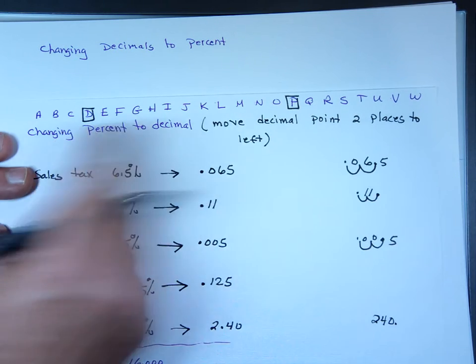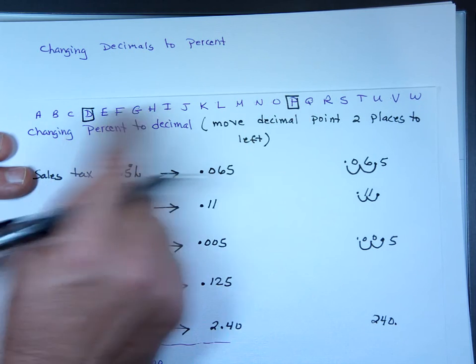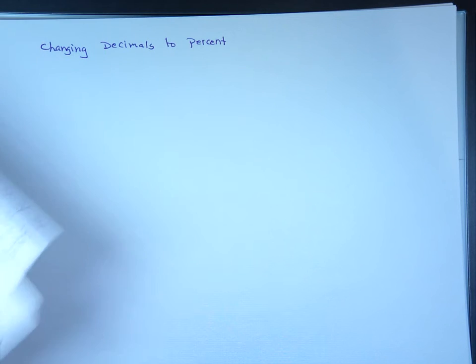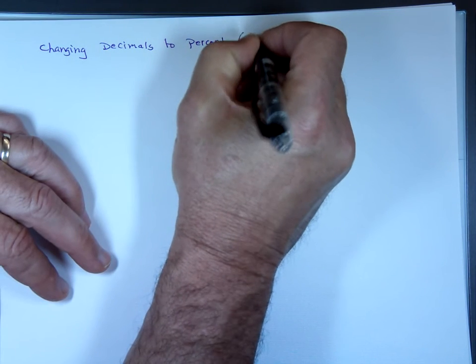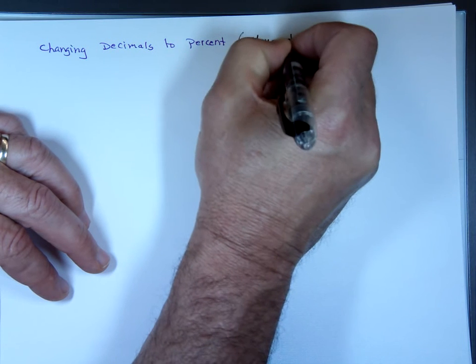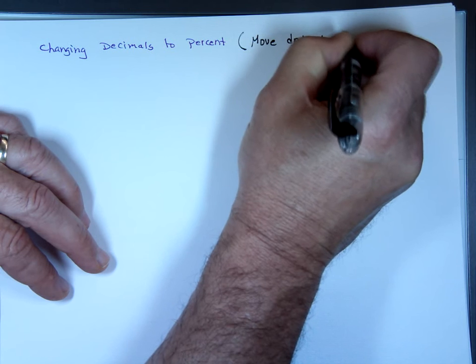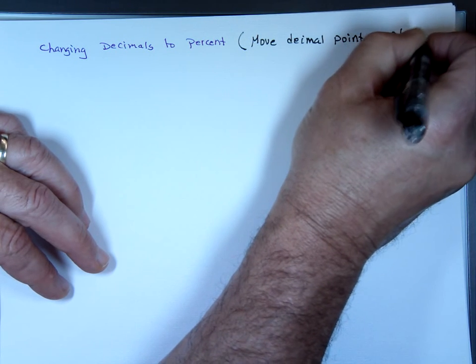So to go from decimal to percent, what are we going to do? Move it what? 2 places to the right. Move decimal point 2 places to the right.